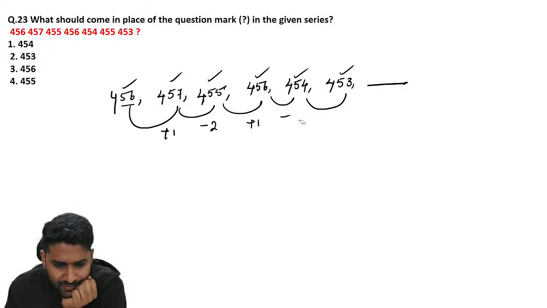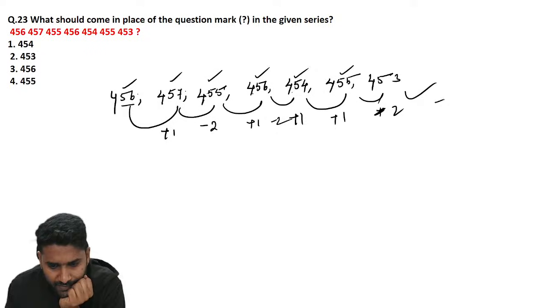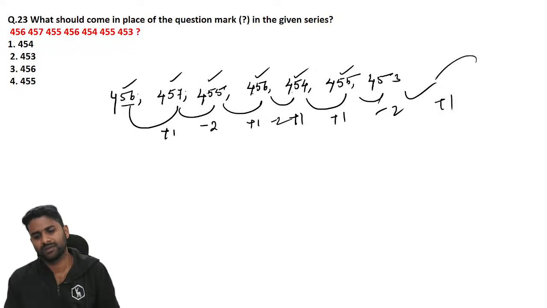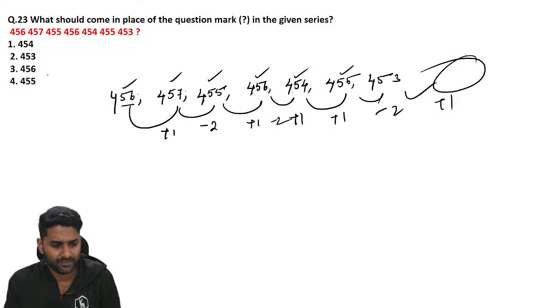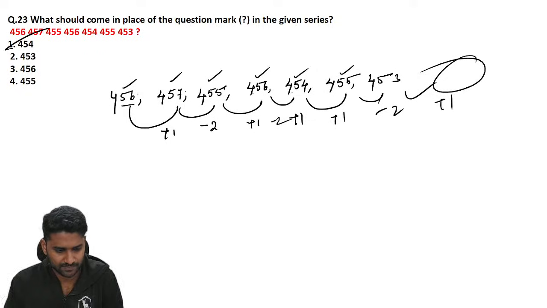This is 456, 57, 55, 56, 54, again 55, 453. So again plus 1, minus 2, plus 1, minus 2. So definitely plus 1 is the correct answer. The basic one, 454 is the correct answer.